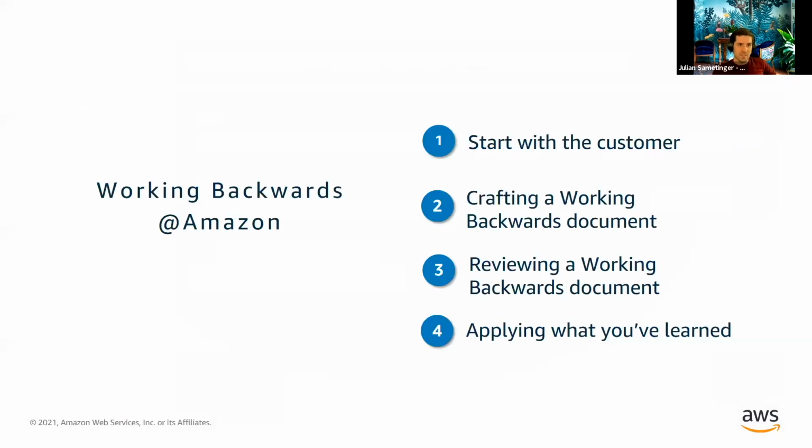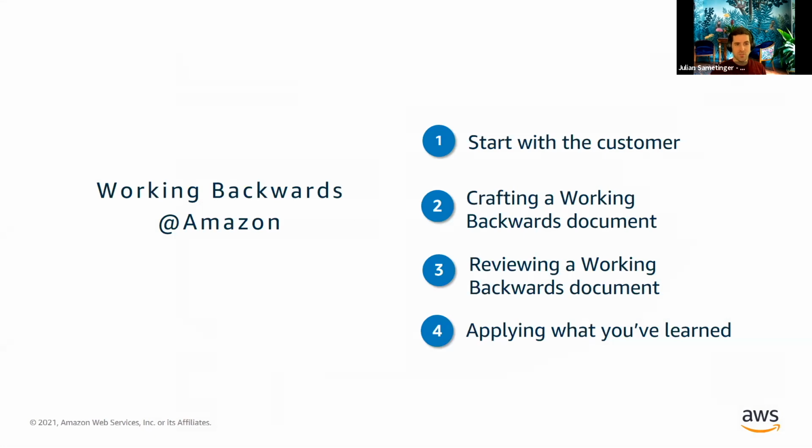So here are the key elements that we're going to discuss in this workshop today, and that make up the basic elements of the working backwards process. So you start with the customer. Yes, you were spot on there. Then you translate these findings into what we call a working backwards document.